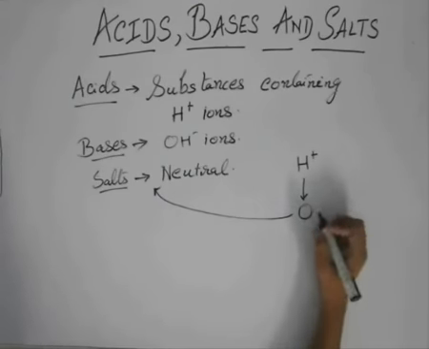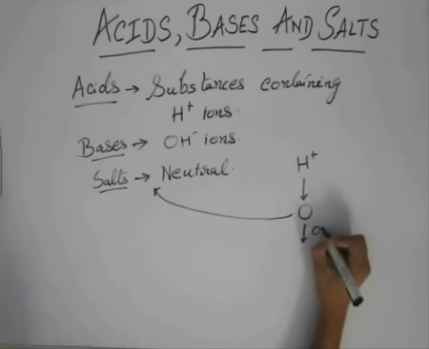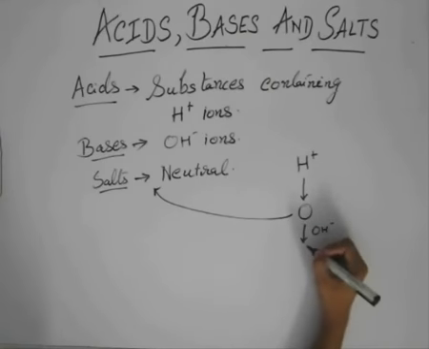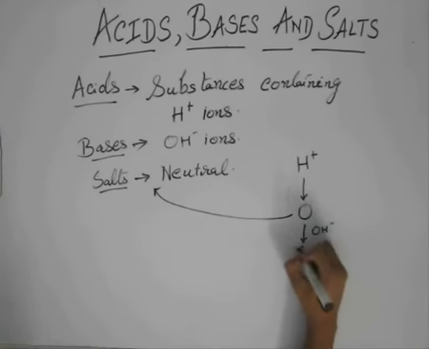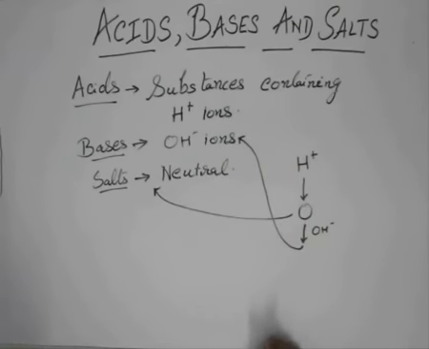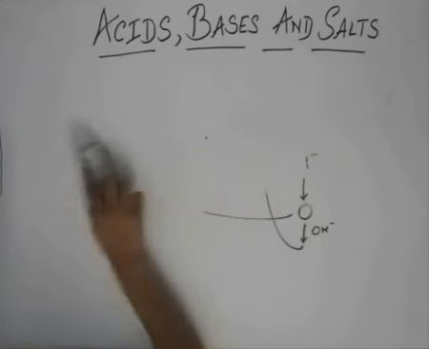And then after 0 you start increasing the OH minus ions, and as you increase the OH minus ions it becomes a base. So this is a very vague idea of acids, bases and salts.